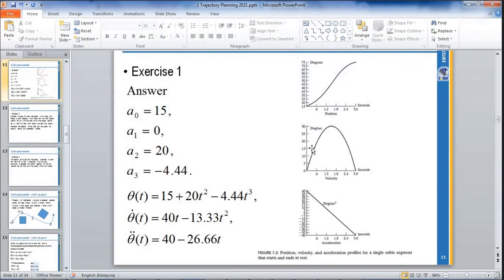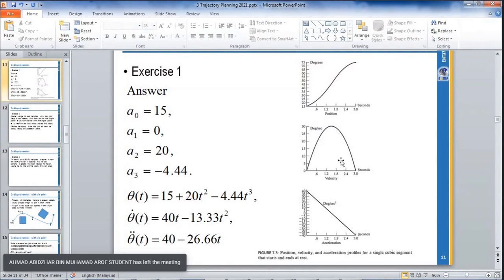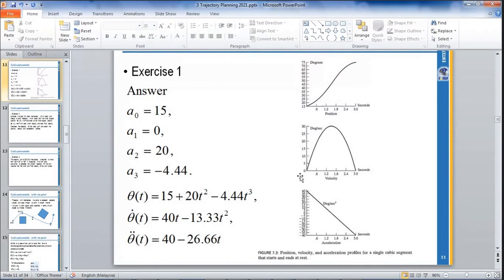This one is velocity, in degrees per second, angular velocity in degrees per second. So this axis is seconds, this is degrees per second, and this is angular velocity. That means this position says that your robot turns 30 degrees per second at this peak of your graph.